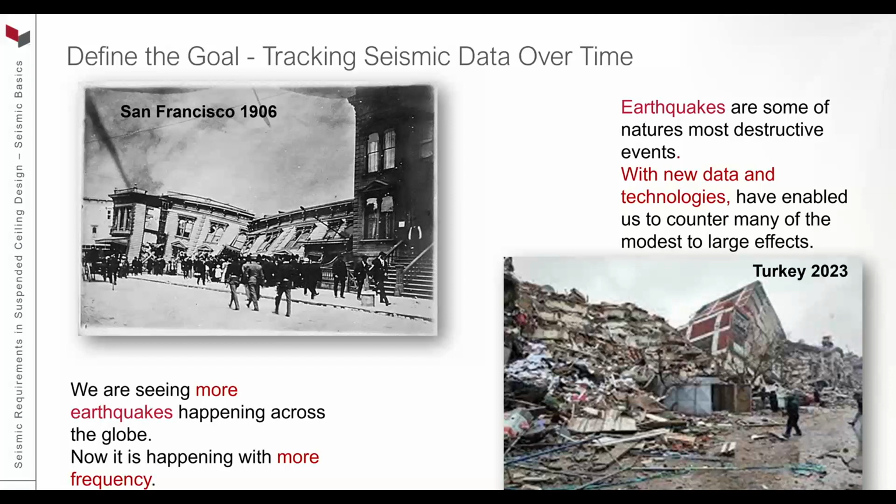And in today's environment, we can see all the way up to Turkey. Well, it just happened in Turkey. And so we're seeing more and more earthquakes happening across the globe, and we're seeing it with more frequency. What we're trying to do is develop systems that will allow us to defend or build against these types of outcomes and effects.